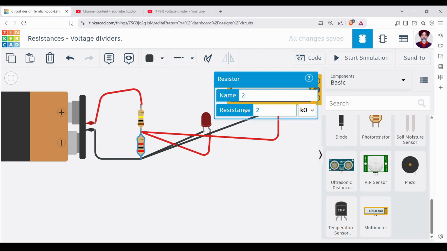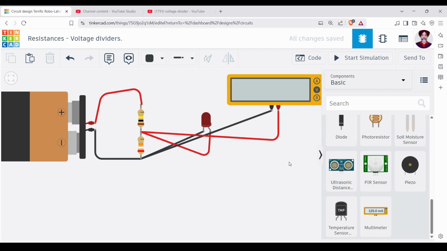Let us now check this out. Let us put in 28.57 kilo ohms. When I start the simulation, you will find that this is giving you around 1.63 volts.